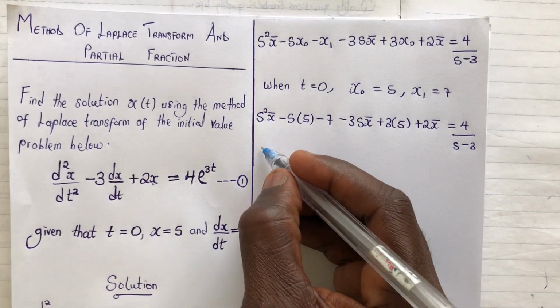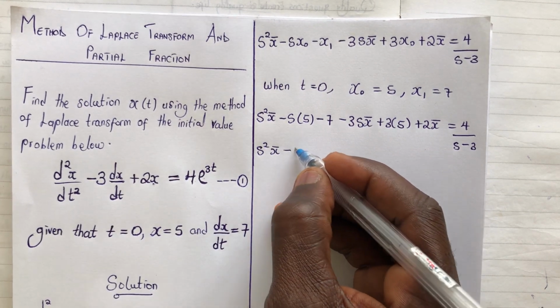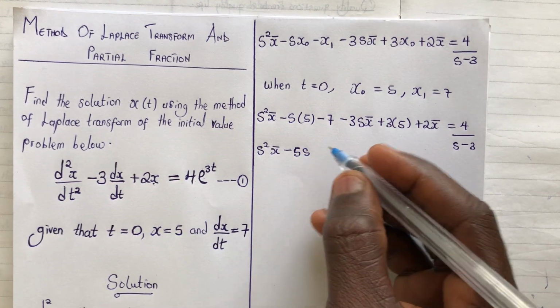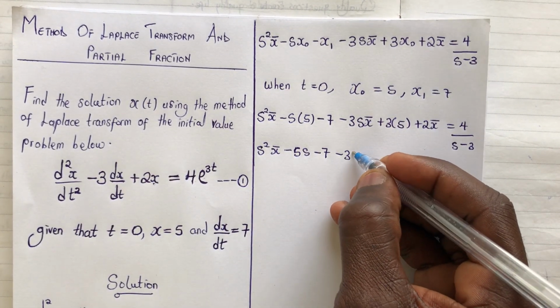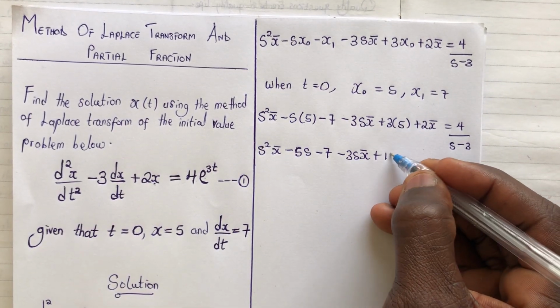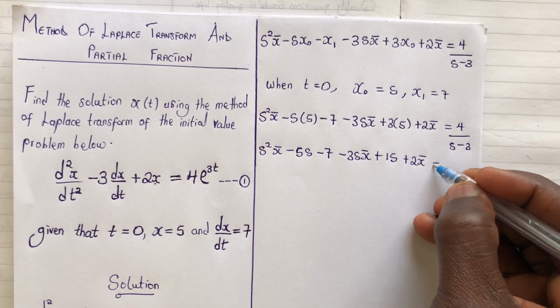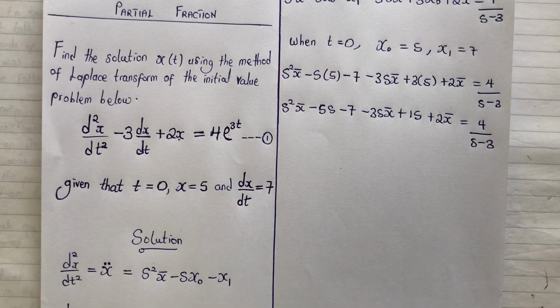So we are having s squared x bar minus 5s, minus 7, minus 3s x bar, plus this time this we have 15, plus 2x bar equal to 4 over s minus 3.